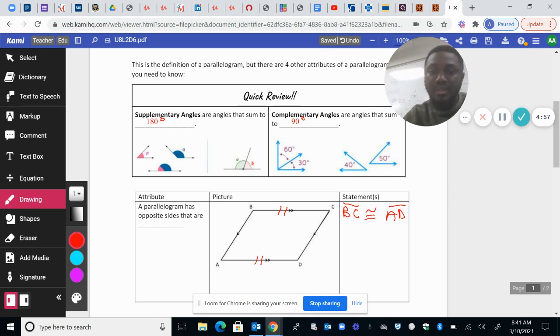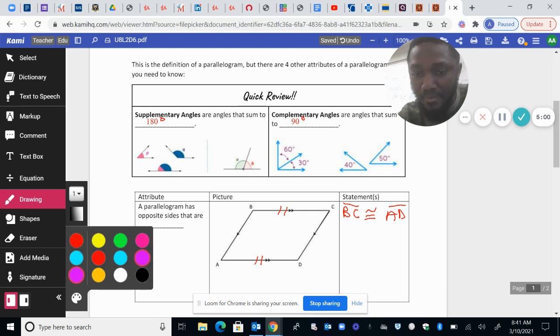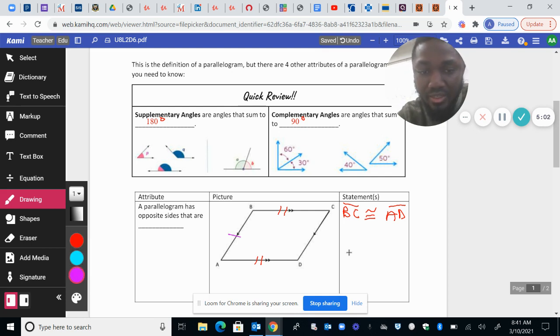Okay, and I'm going to change color. The left hand side and the right hand side, AB and DC, are also congruent. So which means the first attribute of a parallelogram is that the opposite sides are congruent.